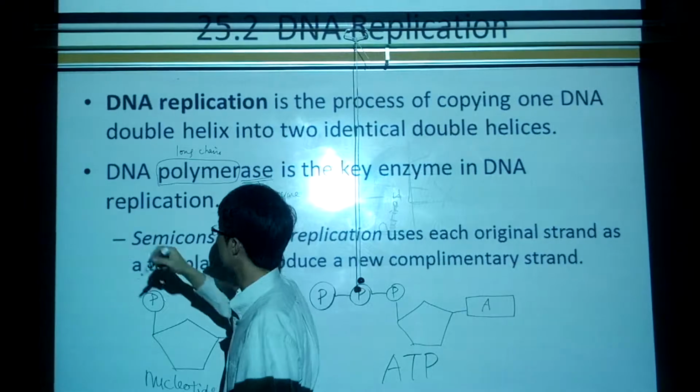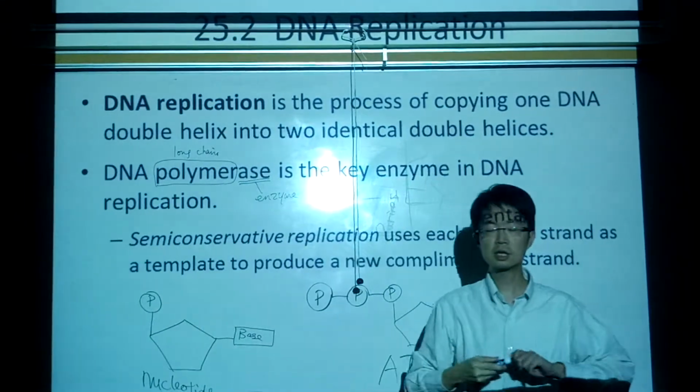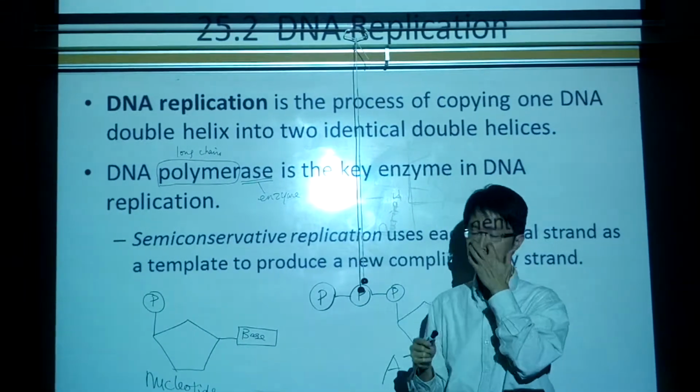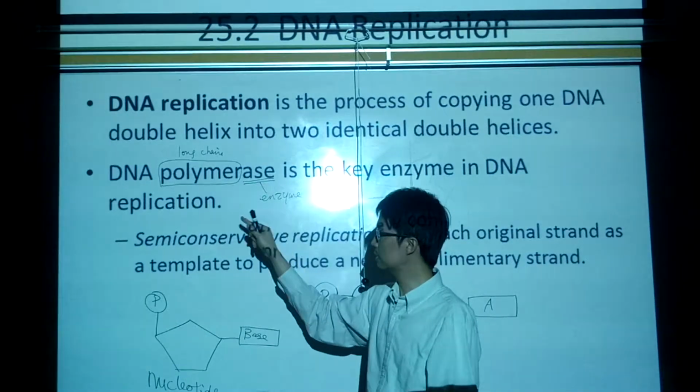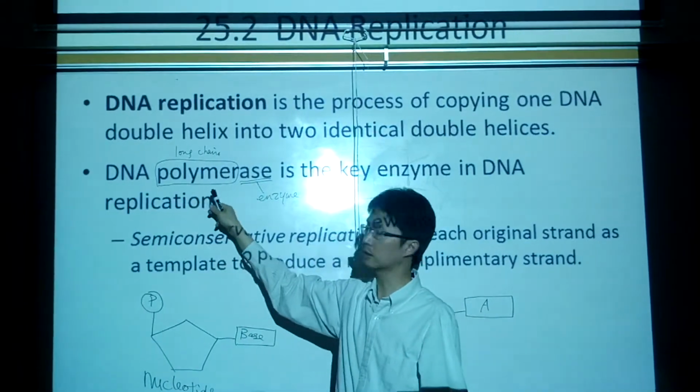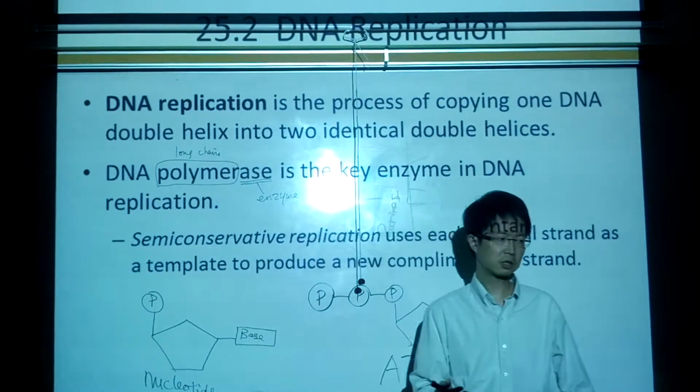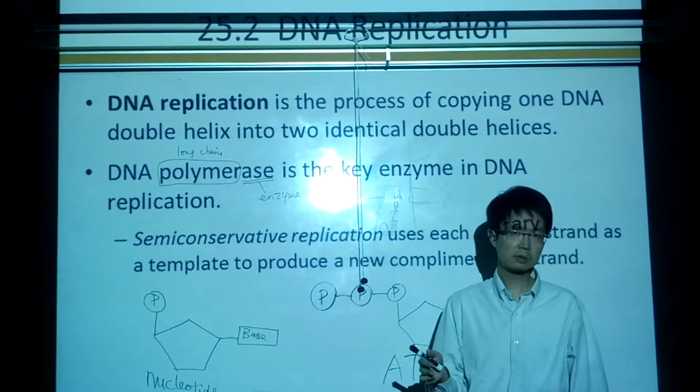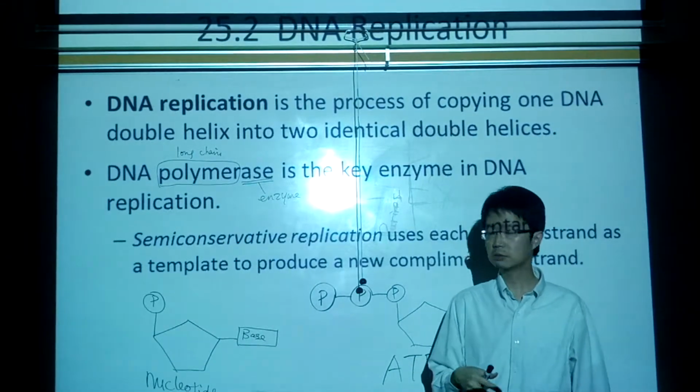So what does this enzyme do? This enzyme makes DNA into a long chain. This is the function of DNA polymerase. It's an enzyme that makes DNA become a long chain.